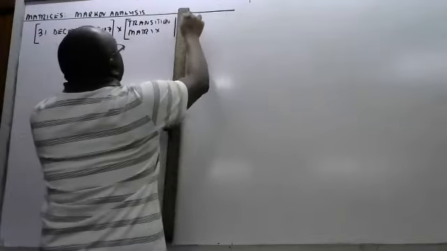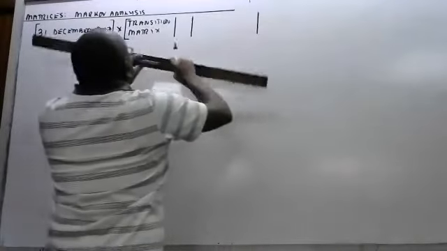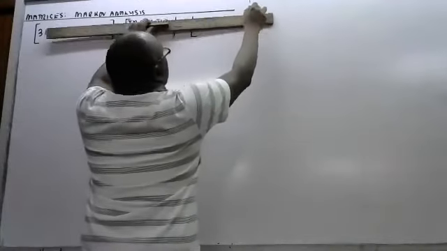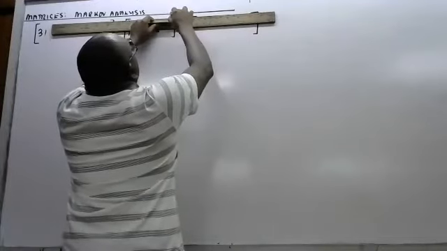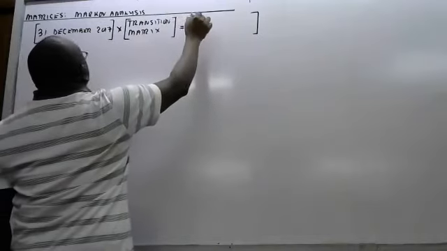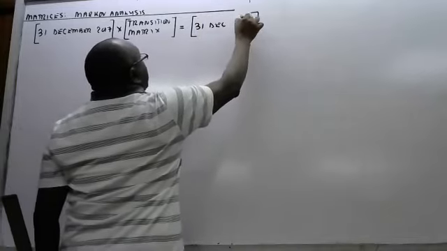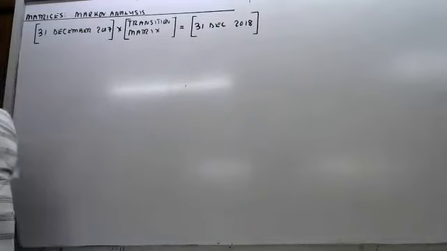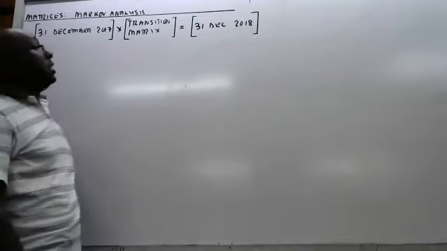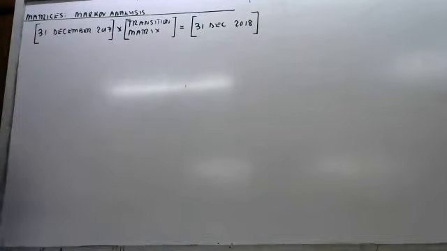So this should be equal to that 1st of December 2018. If you have that 1st of December 2017 multiplied by the transition matrix, you will have the result.